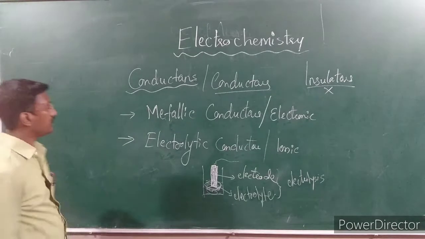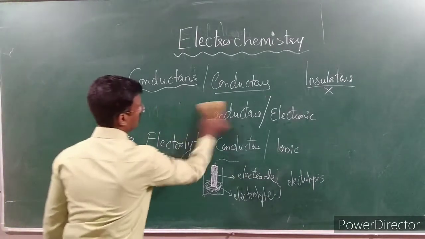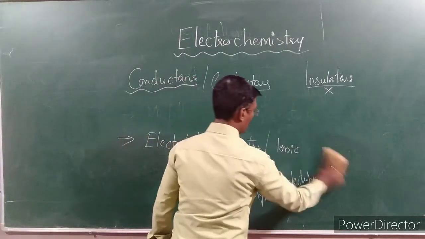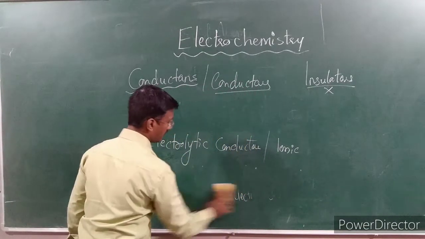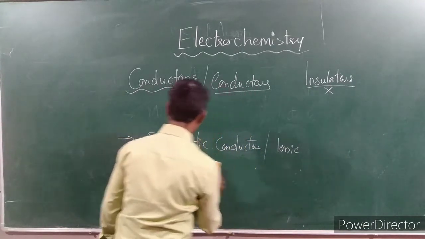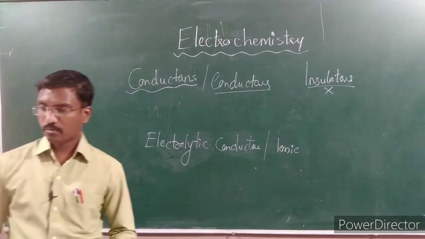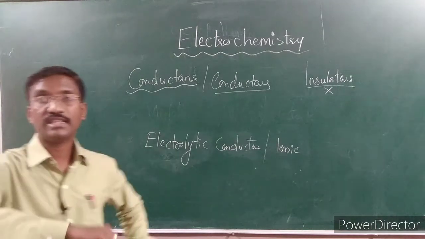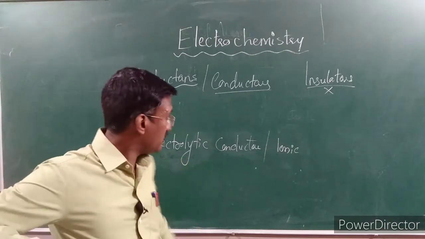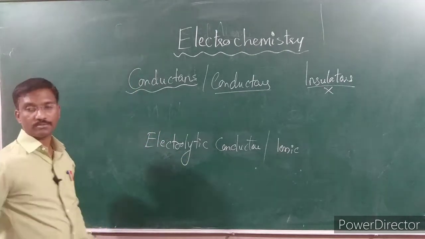In the electrolytic conductor, we are going to conduct electricity in a solution. The solution which conducts electricity is called an electrolytic conductor. Coming to the main point, in the electrolytic conductor there are three types of electrolytes. One is the strong electrolyte.